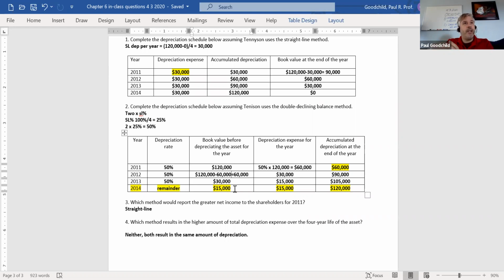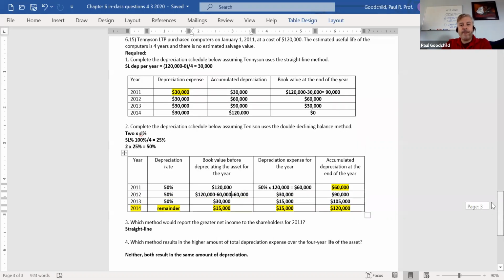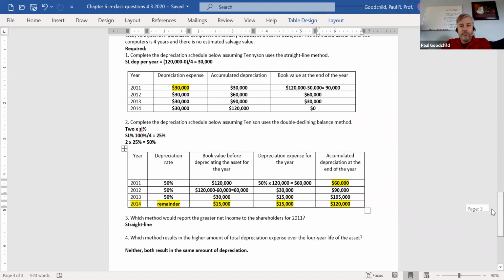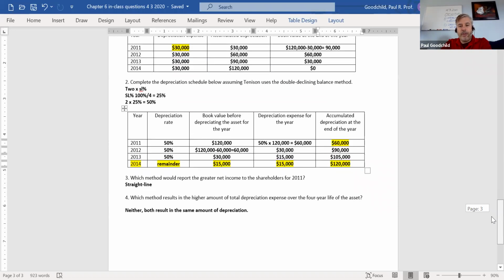So in that last year, we are supposed to take the remainder of what's left for depreciation. In this case, we're depreciating the asset down to 0 because it has a 0 salvage value. So we have to get to 120,000 in depreciation. Our book value is 15,000, and so our depreciation expense is going to be 15,000. Overall, we're ending up with accumulated depreciation of 120,000 and book value of 0.